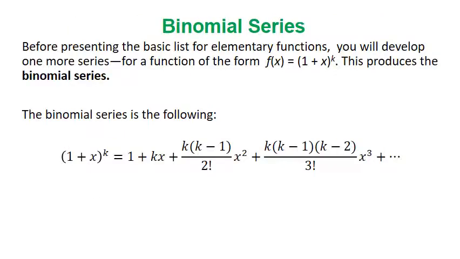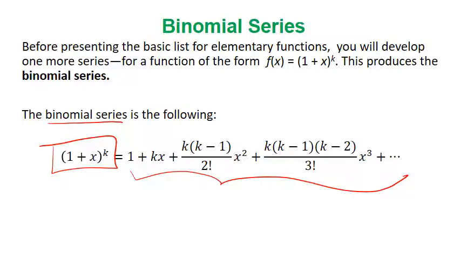Now, there is another little something that we will come up with, and it's something that's very common. It is a binomial series. A binomial series takes on this form where x can be some number. And if we expand this, we will end up with this.